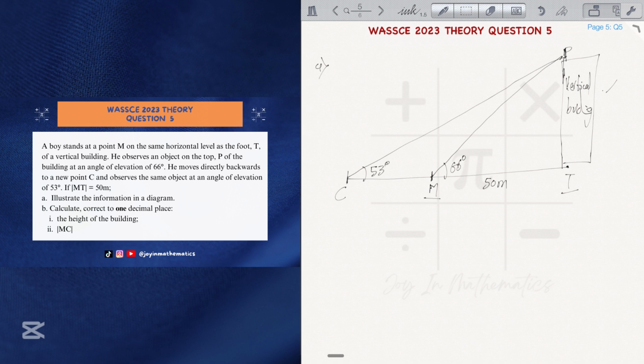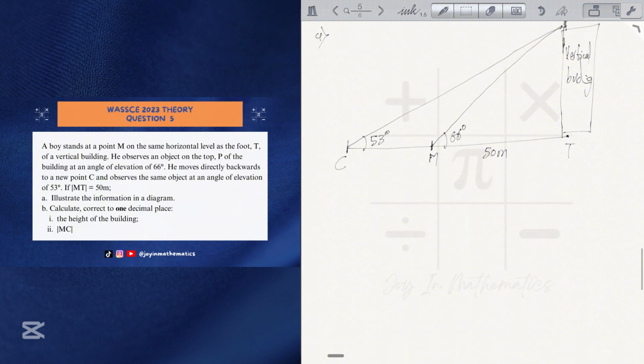He observes an object at the top of the building P at an angle of 66 degrees. He moves directly backwards to a new point C and observes the same object P at an angle of 53 degrees. MT is equal to 50 meters. So we have been able to establish this diagram now.